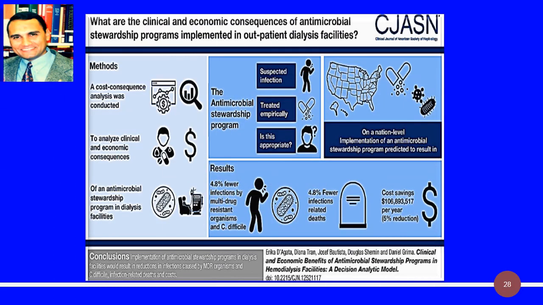Another example is the evaluation of clinical and economic consequences of an antimicrobial stewardship program implemented in outpatient dialysis facilities. It is a cost consequence analysis to analyze clinical and economic consequences of an antimicrobial stewardship program in dialysis facilities.